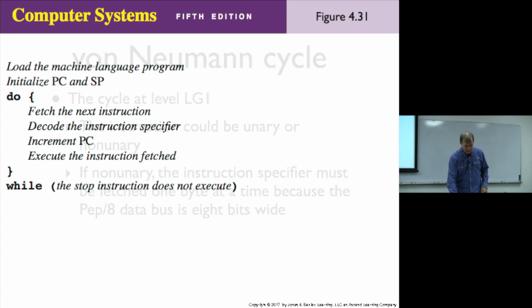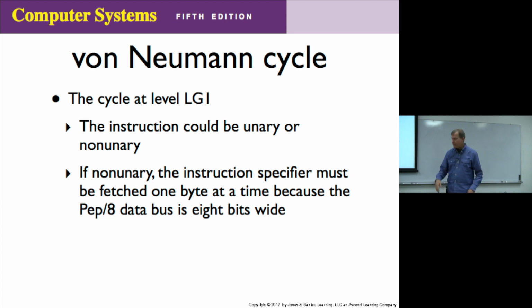But now what we see at this level is the cycle at level LG1, we have to actually figure out how to add to the program counter. So the instruction could be either unary or non-unary, and if the instruction is non-unary, then we've got to get those buses, the A bus and the B bus and the C bus, all those fat pipe looking buses, they're all just 1 byte.